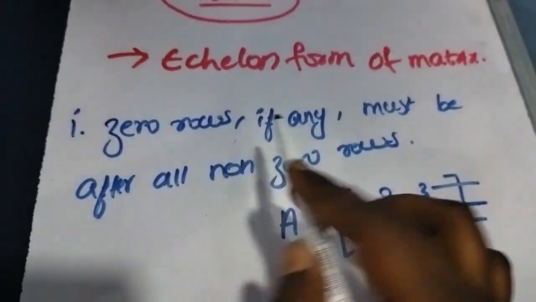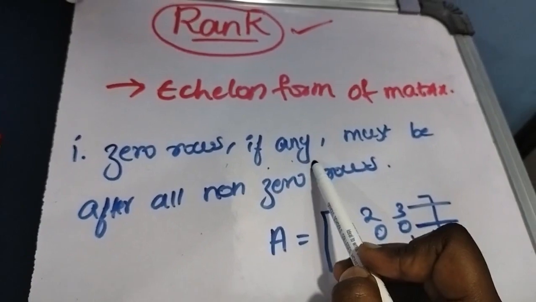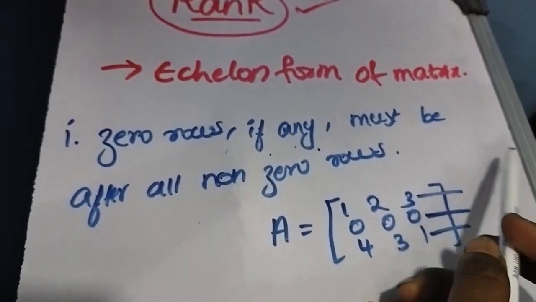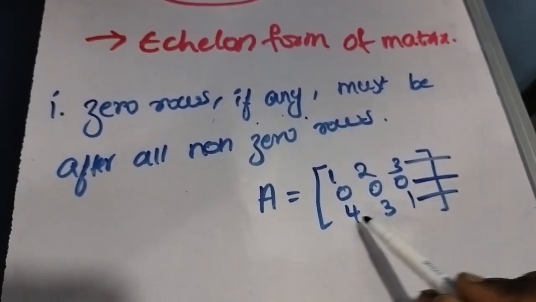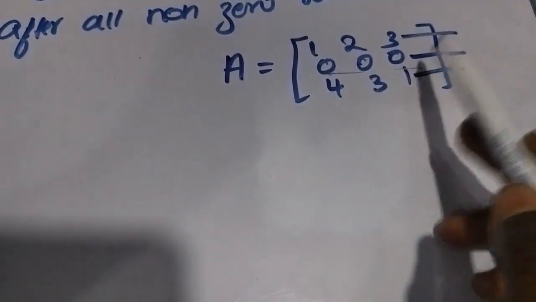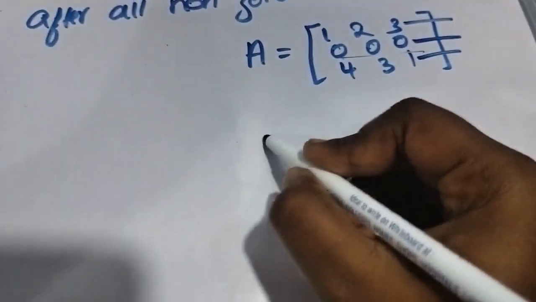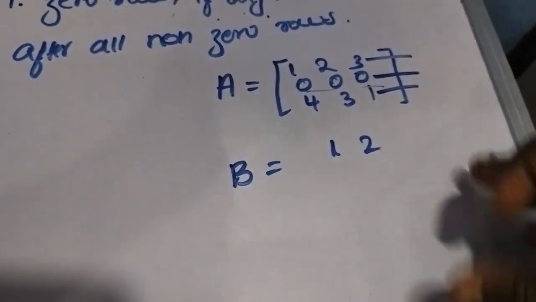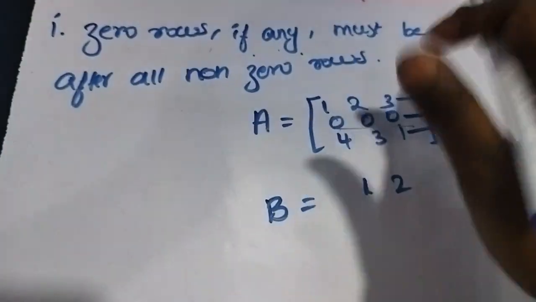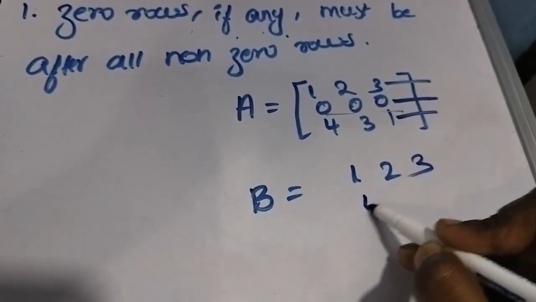This statement means if any zero rows are present, they must be present at the end of the matrix rows. It means zero rows must be present in the last rows, something like this. B is equal to, let's change the above matrix into the matrix satisfying the condition.